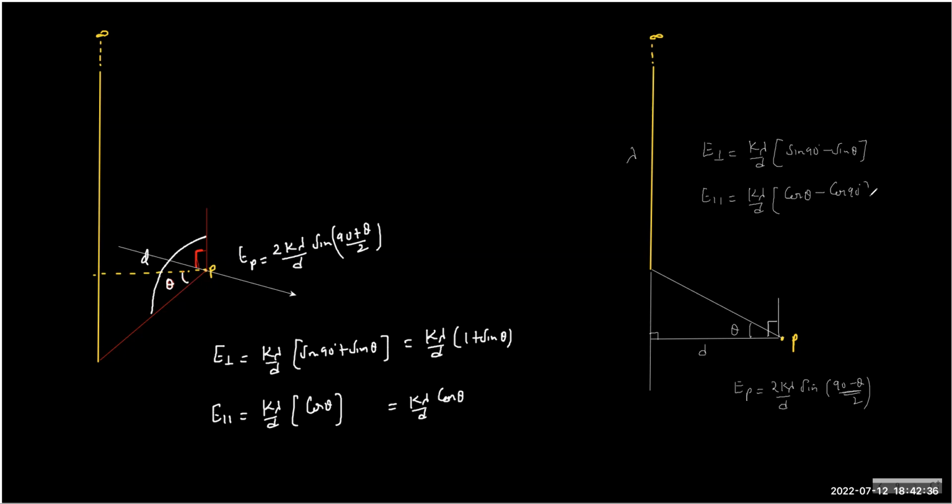It is 90. So anyway, what you get here is k lambda by d (1 minus sin theta). And what is E parallel? k lambda by d cos theta. That's it. Is this clear, guys? Clear. Yes.